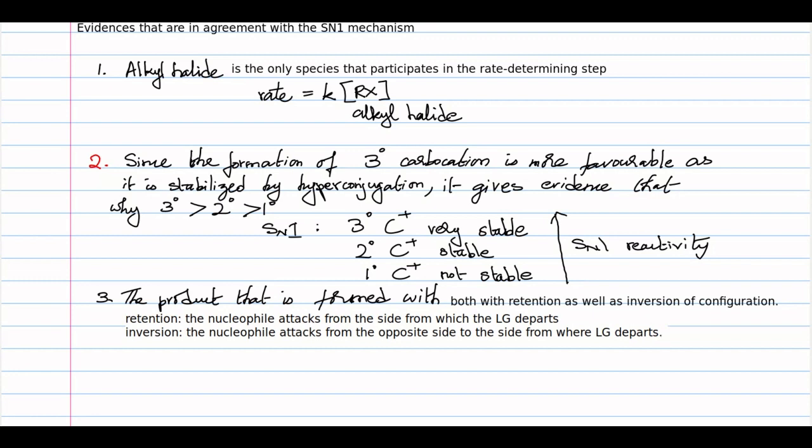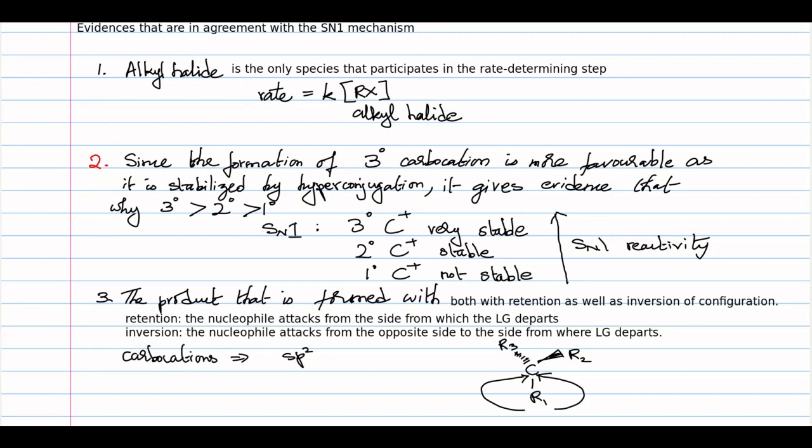And this is possible because carbocations are sp2 hybridized, and so you have attack happening either on this side or on this side.